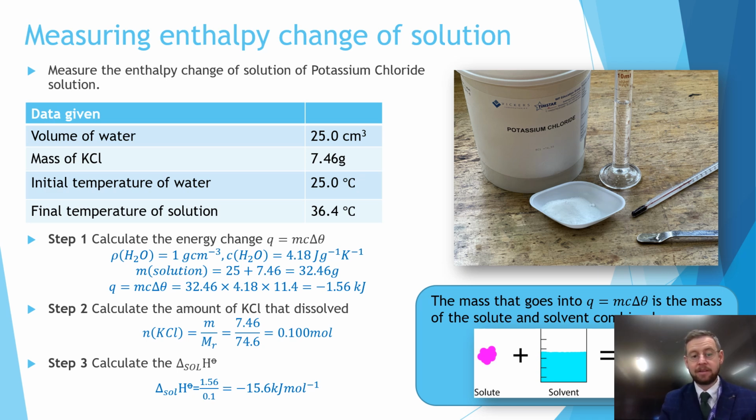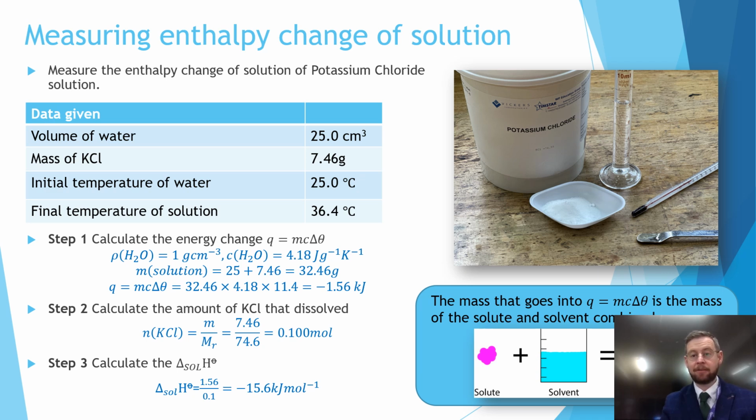Next, we're going to use this in the formula Q equals mc delta theta. So 32.46 is the mass multiplied by the specific heat capacity of water. Yes, that is going to be changed slightly by the presence of the potassium chloride, but not a lot, and so it's a good approximation for now, multiplied by the temperature change, which is 11.4, and it gives minus 1.56 kilojoules. But that was not for 1 mole.